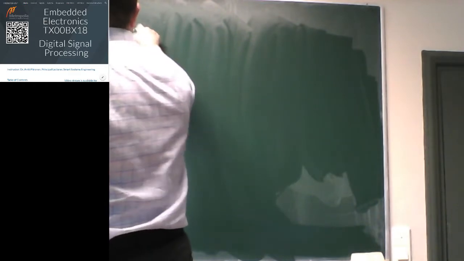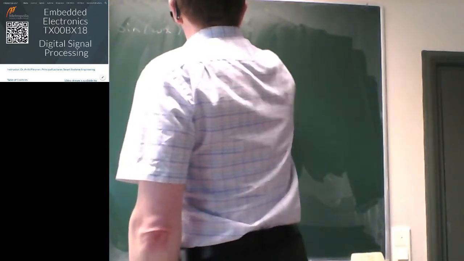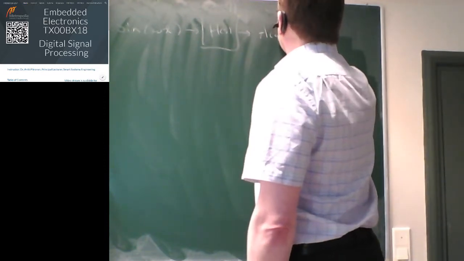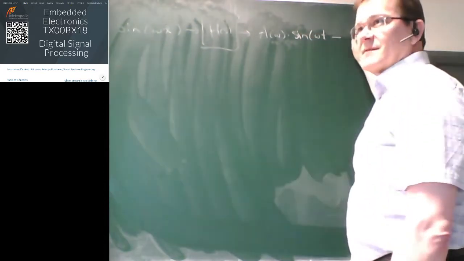All right. So then the phase response. The phase response is probably easier if I explain it in the continuous time domain. If we have sine omega t going into any analog system, what we get out is the amplitude response at that frequency times sine of omega t minus the phase shift.